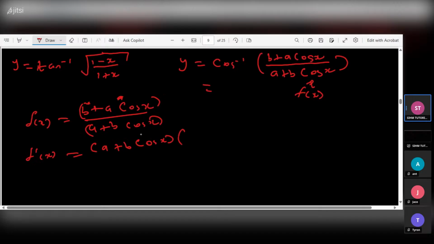Now we need to derive this. As you know, the derivative of b is 0, which is fine. We don't care about 0, so we just won't write it down. We have the constant, also the cos x.